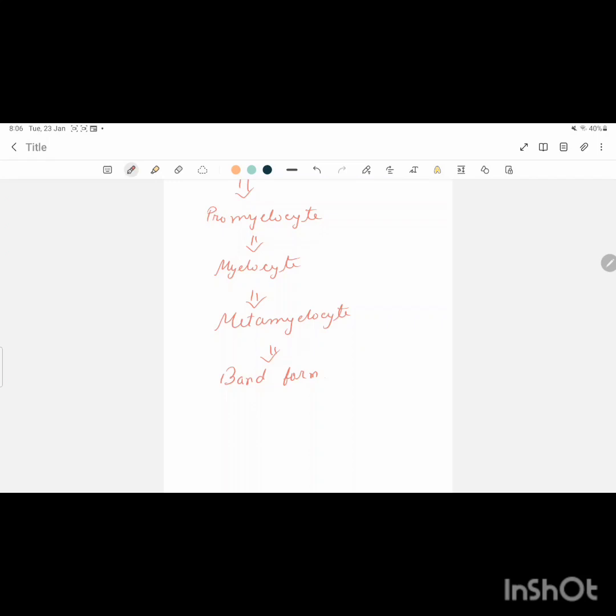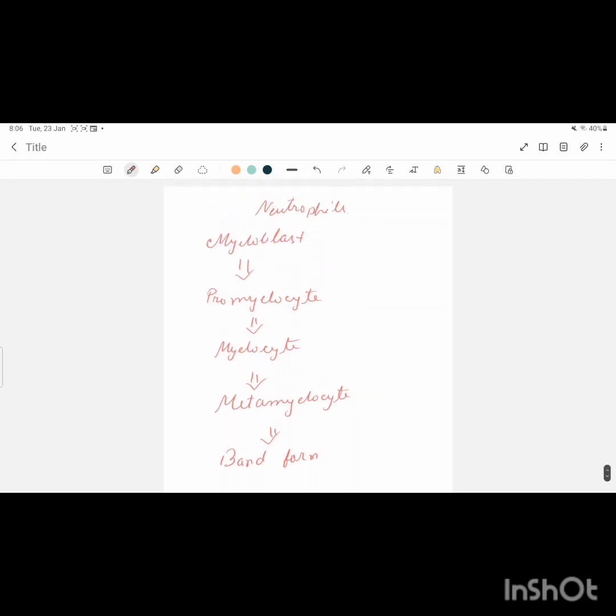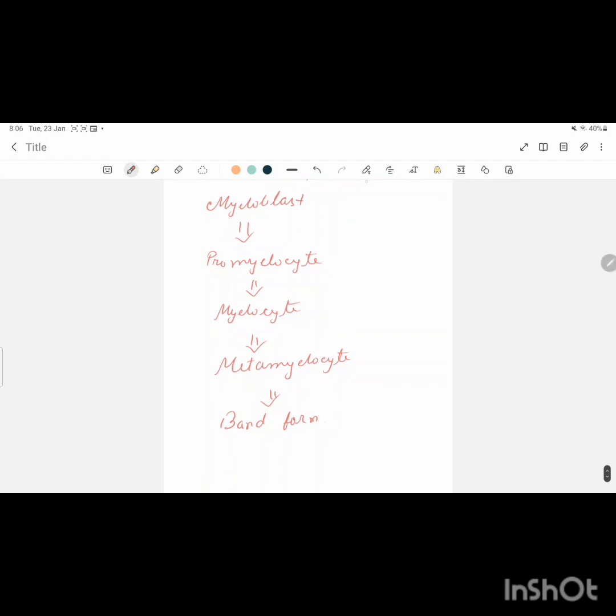Now you should remember that the nucleoli are decreasing as we go down. In the myeloblastic stage, nucleoli are absent, and mitosis occurs up to the myelocytic stage.